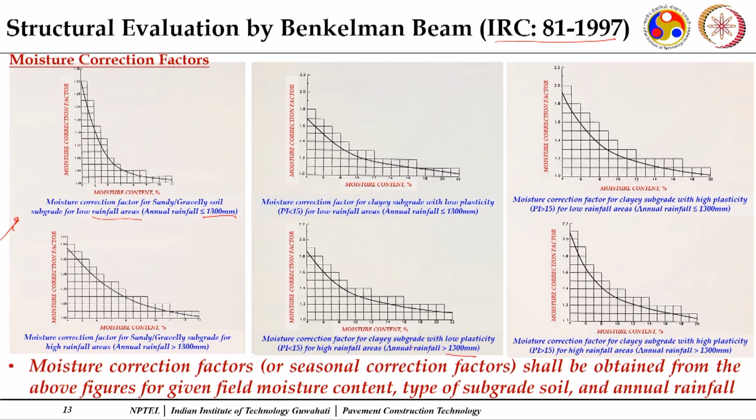Here it is given for low plasticity, less than 15, and for high rainfall regions. This is how you work out the moisture correction factors for the soils scooped out. Usually you will prefer at least one test pit in 1 kilometer, and this frequency can be increased depending upon how much variation you observe.